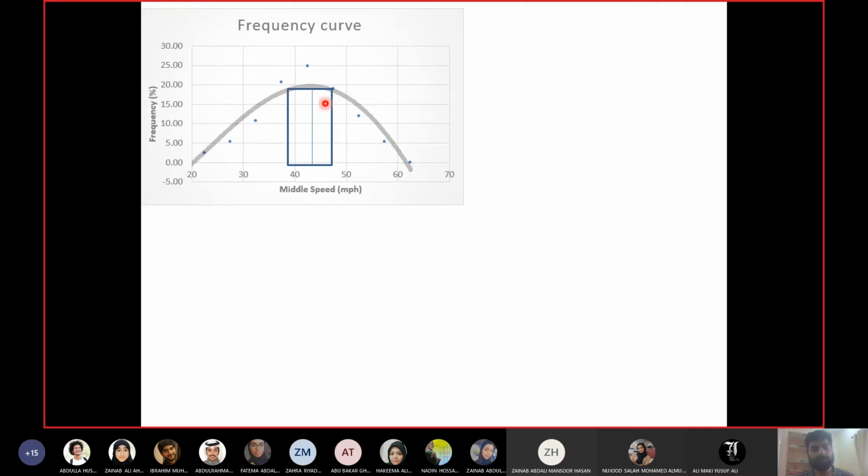If you draw perpendiculars on the x-axis from these two points, they will give you the pace range. The corner touching the curve here is 37.5, and the other one is 47.5.